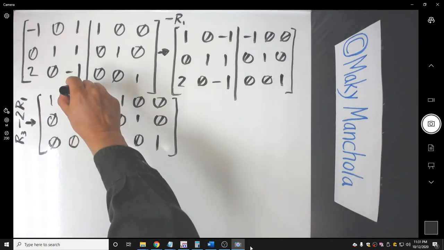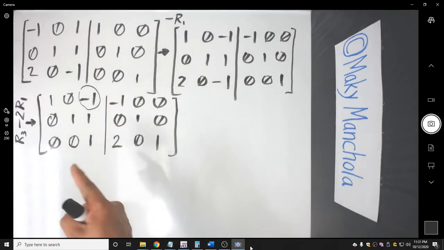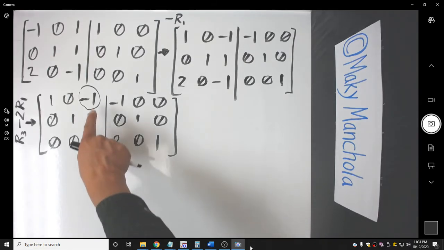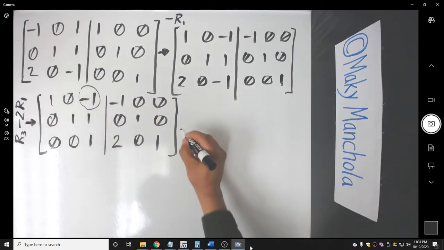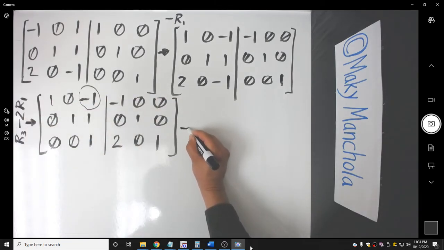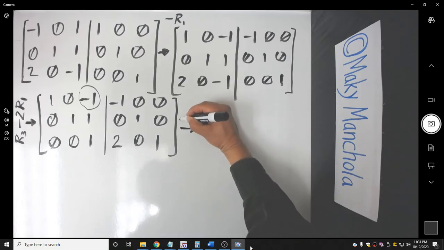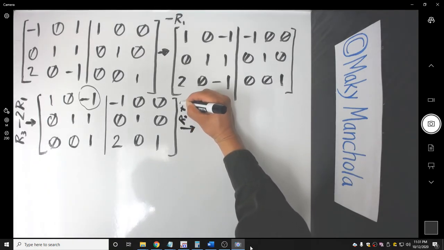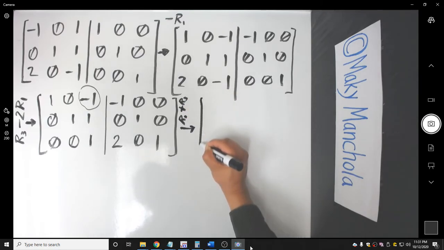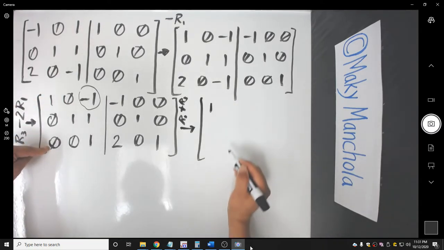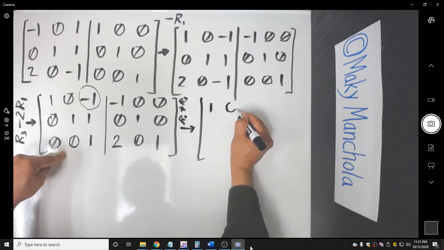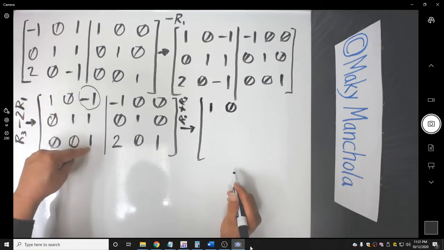Okay, let's get rid of the -1 first. How? Take row 1 plus row 3 to replace row 1. So 1 plus 0 is 1. 0 plus 0 is 0. -1 plus 1 is 0.